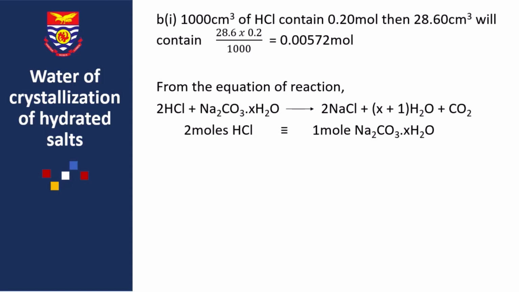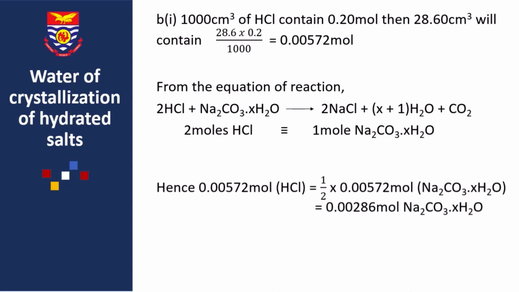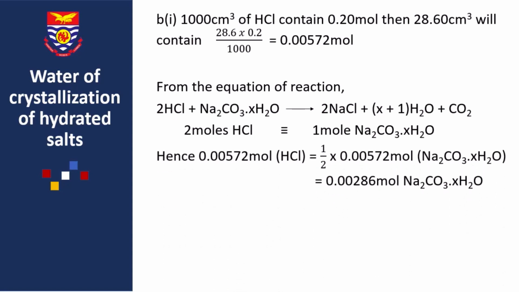So if 2 moles is equal to 1 of the salt, then 0.00572 moles of HCl is going to give us half, or 1 over 2 times 0.00572 moles, and that is going to give us 0.00286 moles. So this is the moles of the hydrated salt.